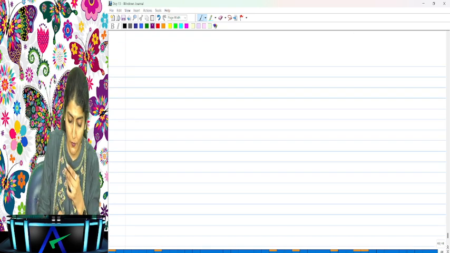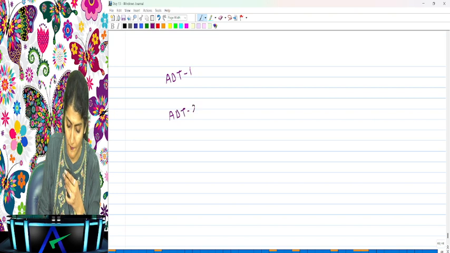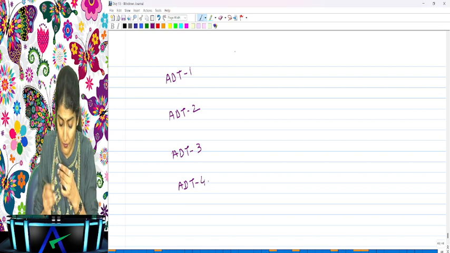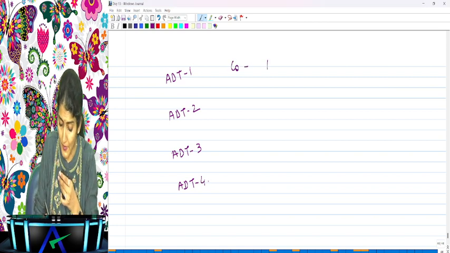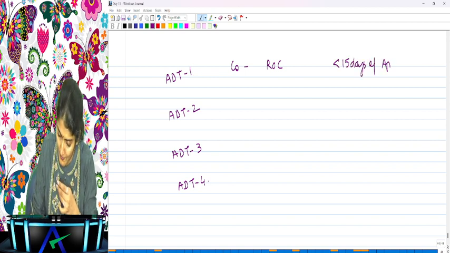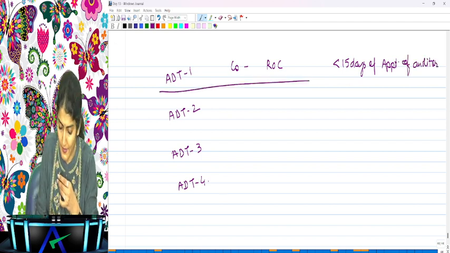Okay. Right. So what are the 4 forms which we've seen so far? We've seen ADT1, ADT2, ADT3 and ADT4, right? ADT1, who needs to file? The company needs to file with the ROC within 15 days of the appointment of the auditor. Within 15 days of the appointment of the auditor, the company needs to file the form ADT1.